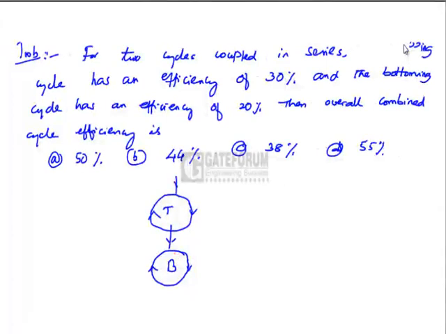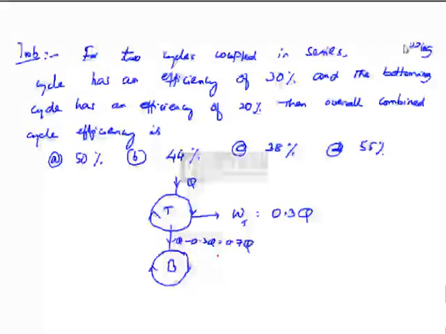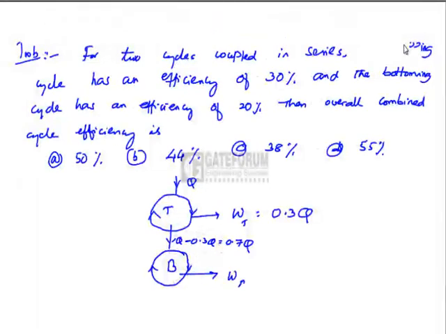If Q is the heat supplied to the topping cycle, then work output of the topping cycle will be given as 0.3 into Q. Then the heat rejected would be Q minus 0.3 Q according to the first law, that is 0.7 Q. This is the heat supplied to the bottoming cycle, whose work output is equal to heat supplied to the bottoming cycle, that is 0.7 into Q, into thermal efficiency of the bottoming cycle, that is 0.2.